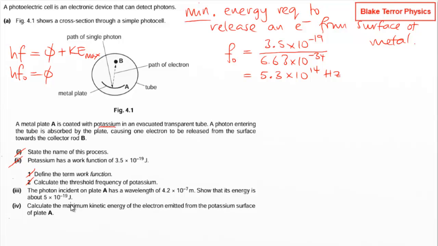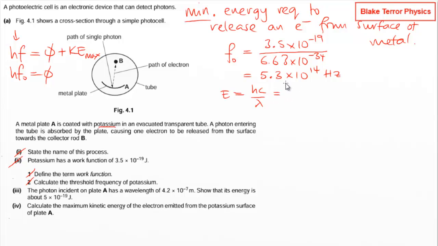Part 3. The photon incident on plate A has a wavelength of 4.2 times 10 to the minus 7 meters, so visible. Show that its energy is about 5 times 10 to the minus 19 joules. So our energy, hf, we can write as hc over lambda, replacing the frequency with the speed over wavelength.